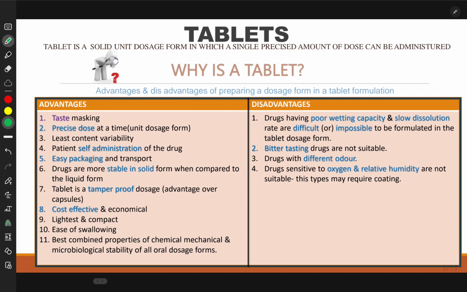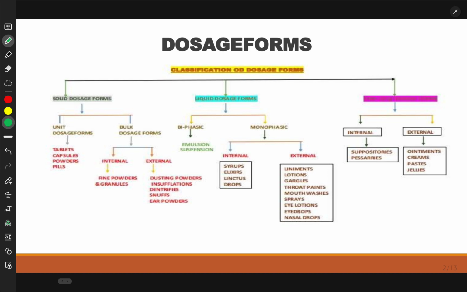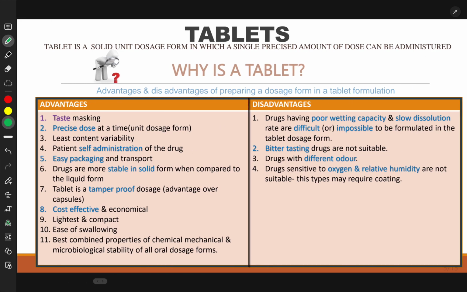Then let's come to our main topic, tablets. This is where we should start, but before that, I have completed the basics, like a foundation, of what we should know before knowing what a tablet is.